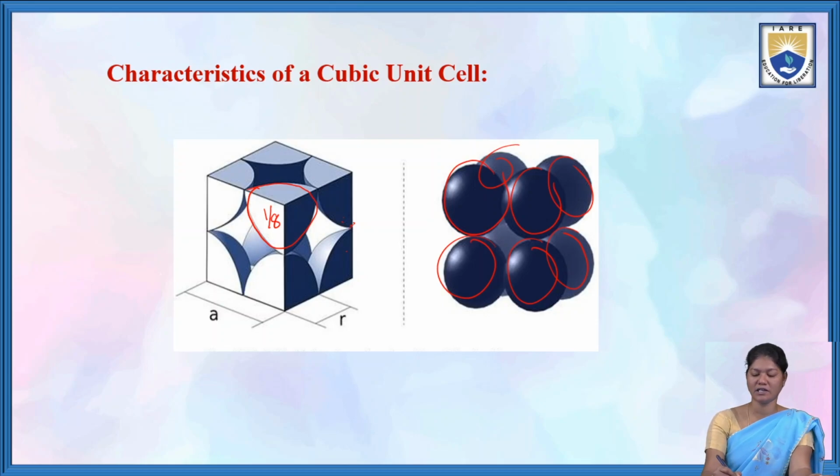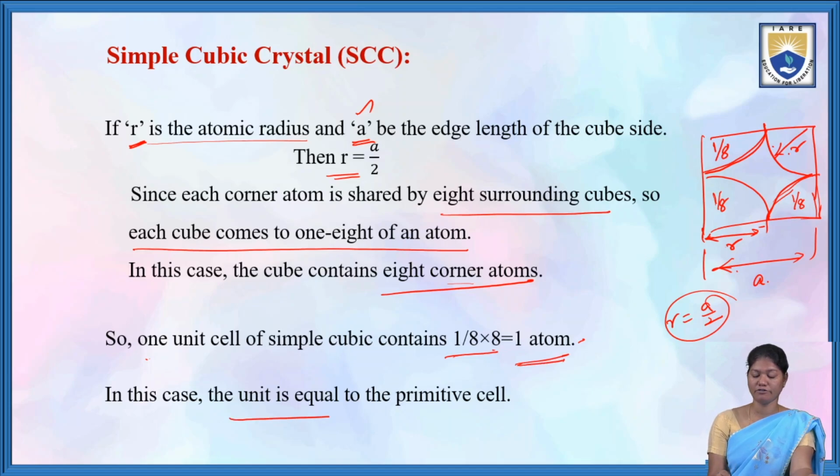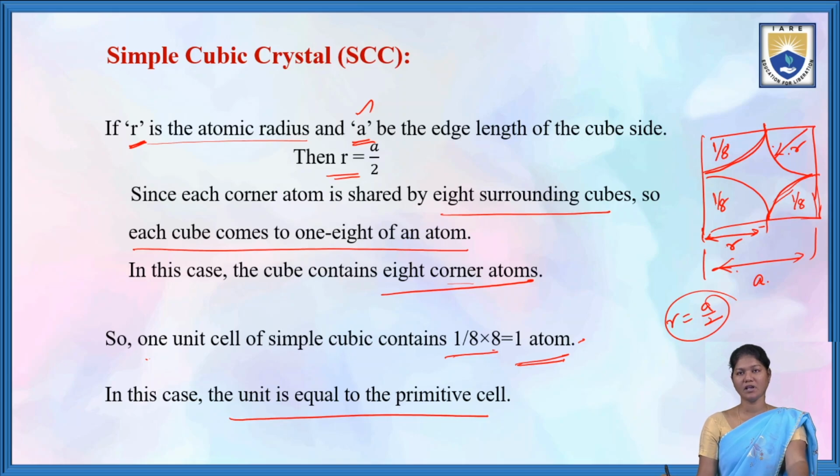So each corner has 1/8 of an atom, and with 8 corners, 1 by 8 into 8 is equal to 1 atom in total. If the unit cell has only 1 atom, it is called a primitive unit cell. So this unit cell is a primitive cell.